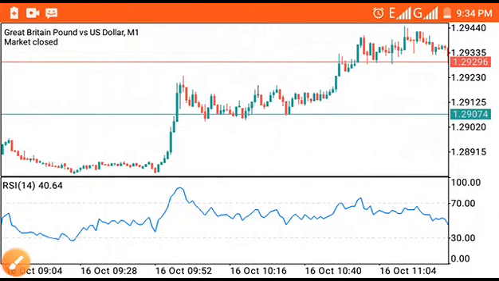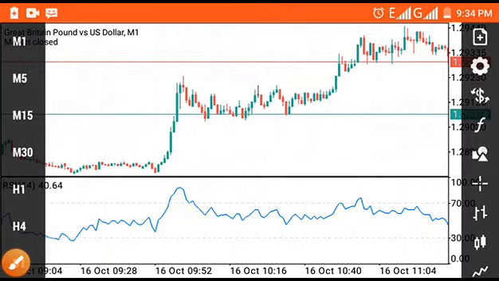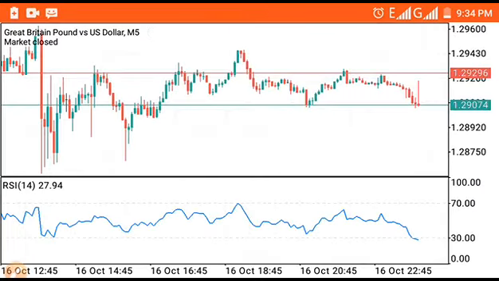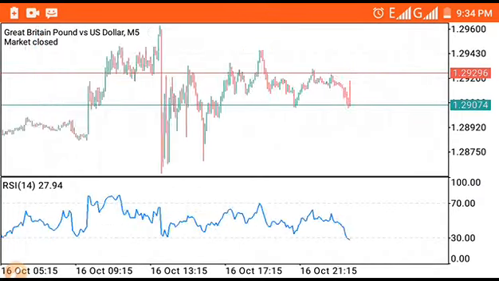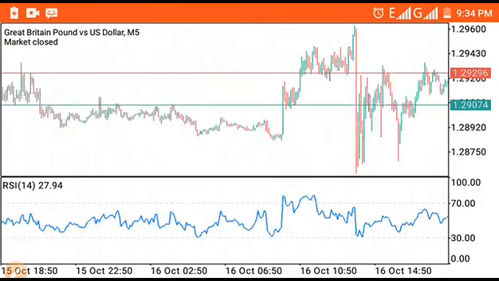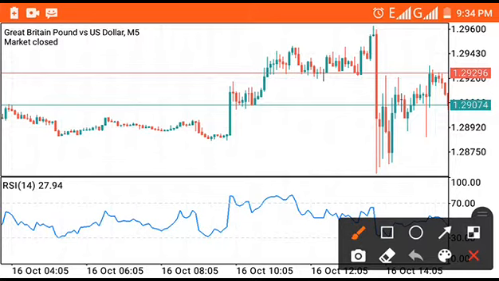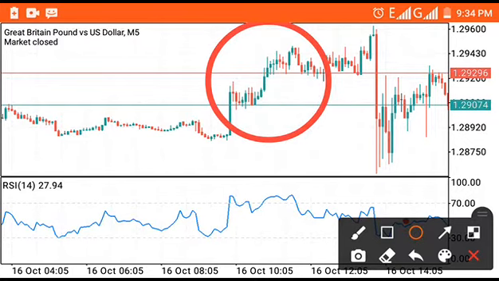Now let's look at another time frame, the 5 minute time frame. What does the 5 minute time frame have to show us? Okay, so you don't get confused, this is what we're looking at on the 1 minute time frame.